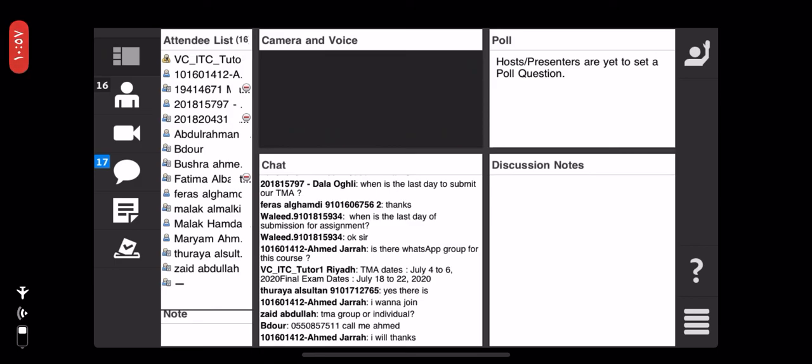Instructions are there. Okay, let me take the attendance. We used to have 16 students, now we are 15 students. So let me copy the students.